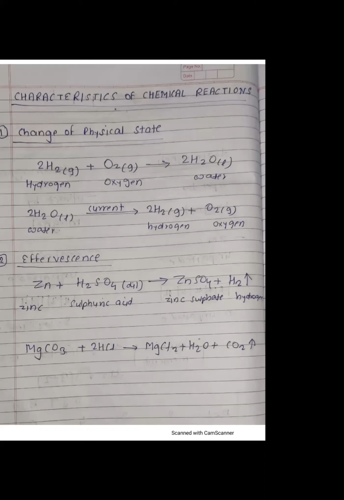In the reverse example, water is in liquid form, but it is getting split into H2 gas and O2 gas, which are in gaseous form. So there is a difference in physical state. I hope this is clear to everyone.